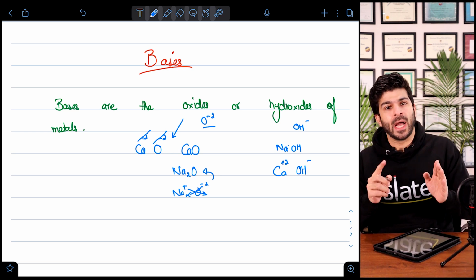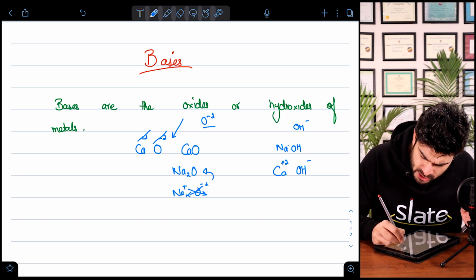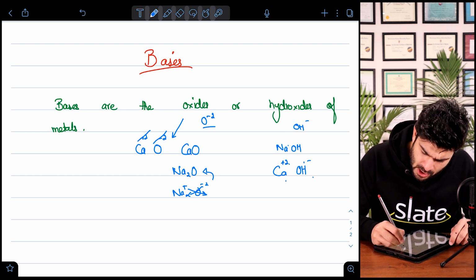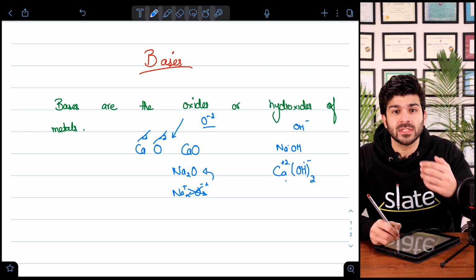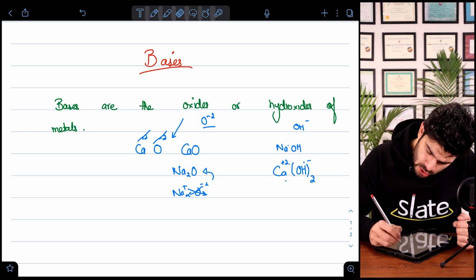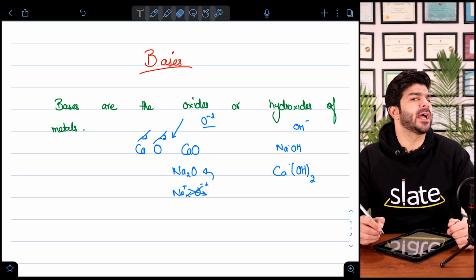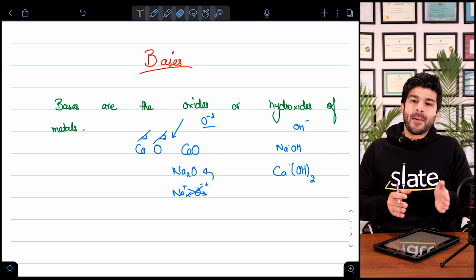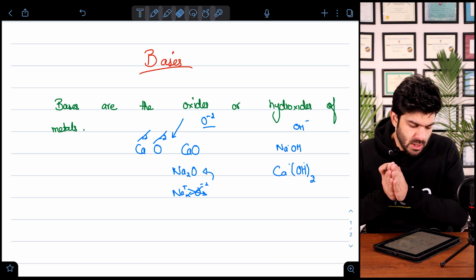Since it's a polyatomic ion, a complex ion, we'll obviously crisscross the charges. 2 will go here, 1 will come here. But for a polyatomic ion, we use the brackets, and we have discussed that in the other videos as well. So this will be the formula of calcium hydroxide. So what are bases? Bases are just the oxides or hydroxides of metals.